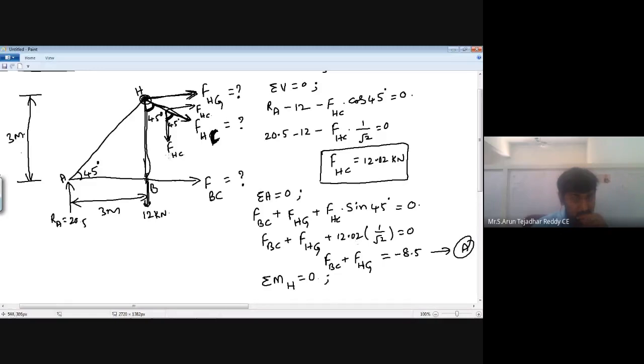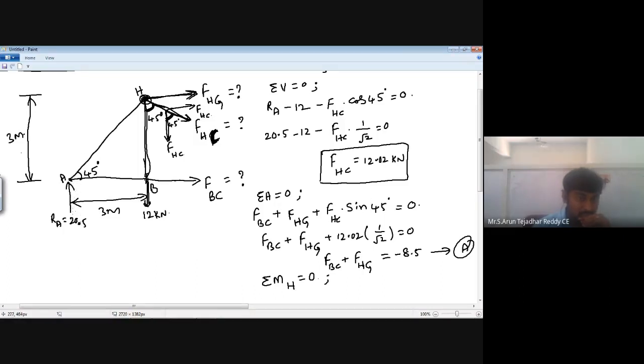And here the moment is acting clockwise or else anti-clockwise. Take H as a reference. It means moment about H. Here 12 kilonewton. Here at point A, 20.5 kilonewton is acting.